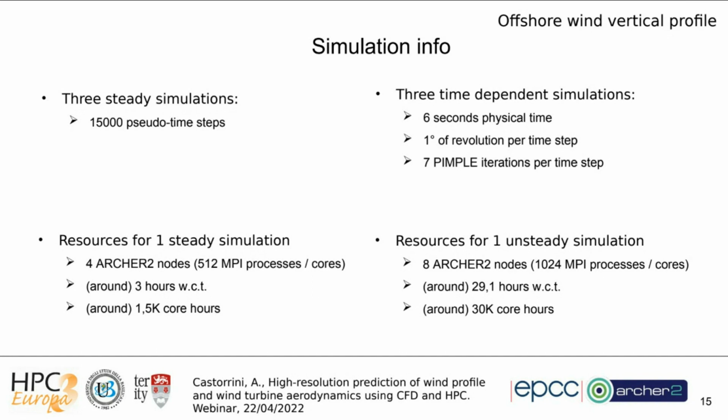This results in 29 hours, more or less, so 30 hours of clock time for each simulation on twice the nodes, 8 ARCHER2 nodes. And so this is about 30,000 core hours per simulation.